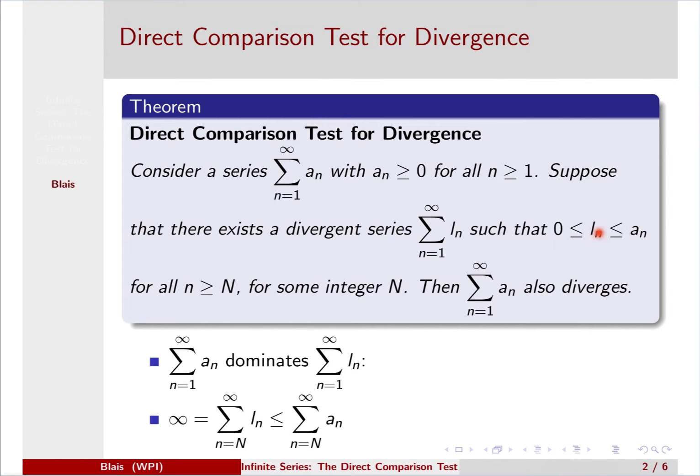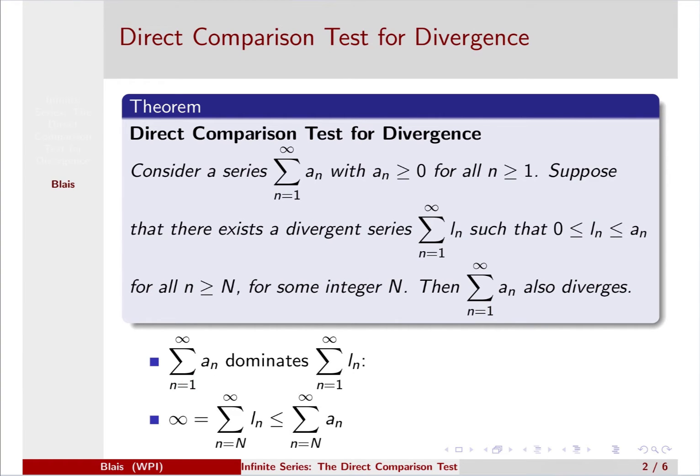So the idea is that L sub n is below a sub n, starting at some point and holding that inequality thereafter. So at some integer capital N, from there on, you have this inequality. Well, that means you have found a smaller divergent series. Since the one you have is bigger, it must also diverge.